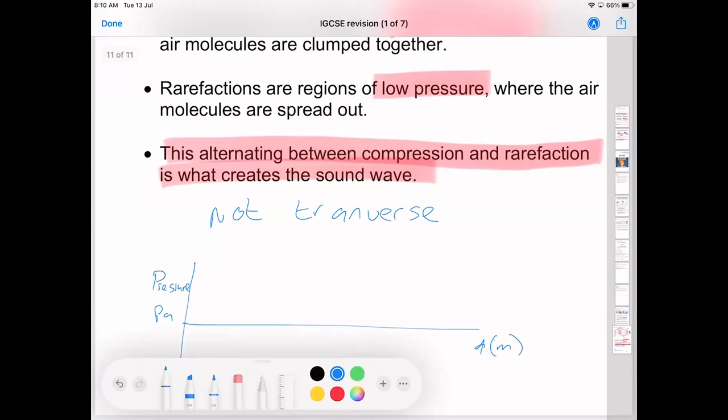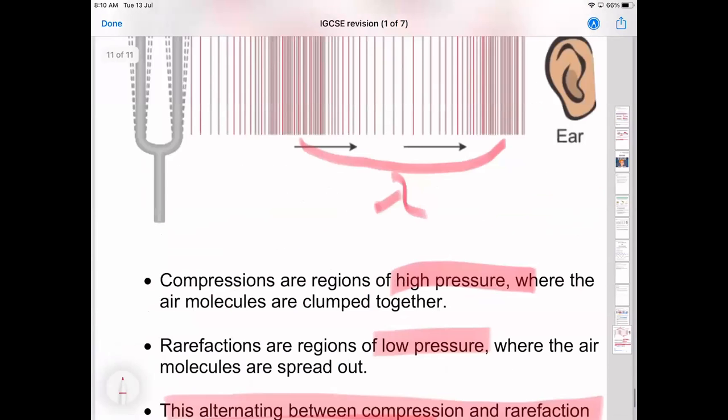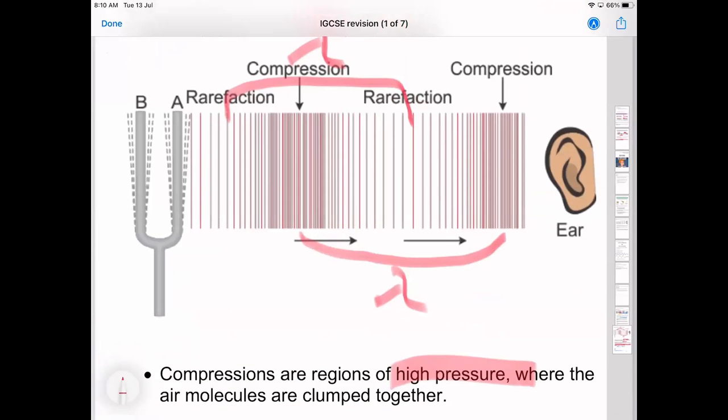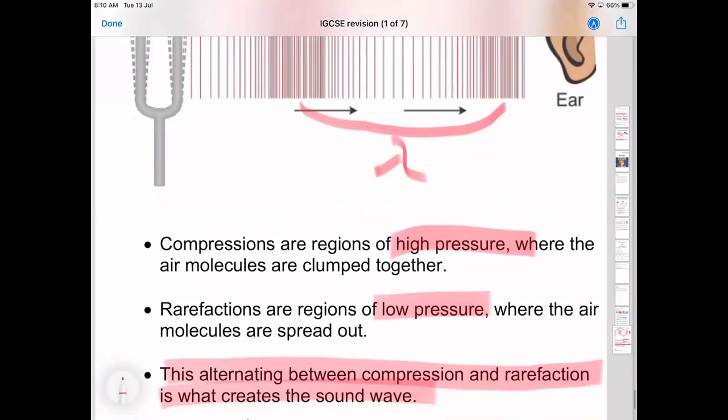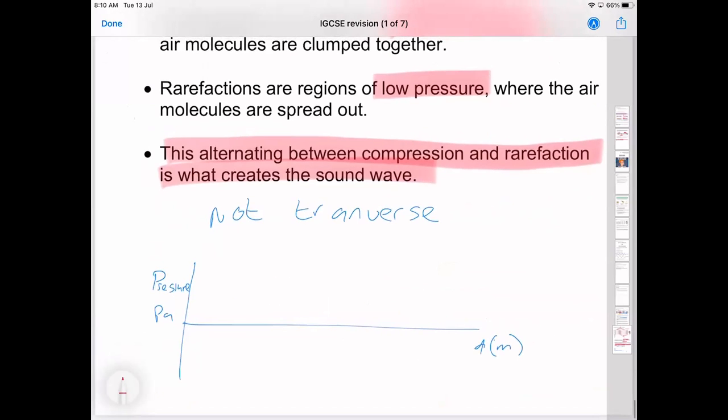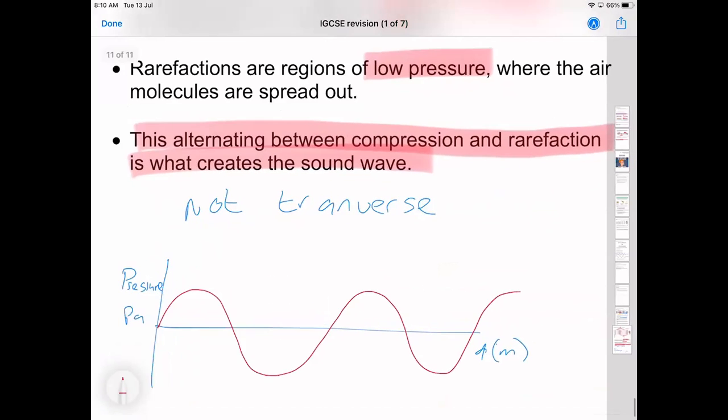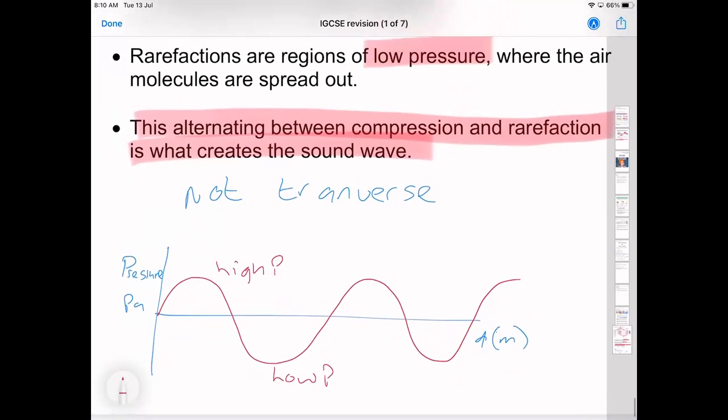And then if you look at your wave, what you're basically going to do is graph regions of high pressure versus low pressure. You're going to end up with a wave that looks like this, and you're going to think it's transverse, but it's not. You can think of these regions as high pressure regions, and these as low pressure regions. And the baseline is actually not zero. This is not the zero baseline.